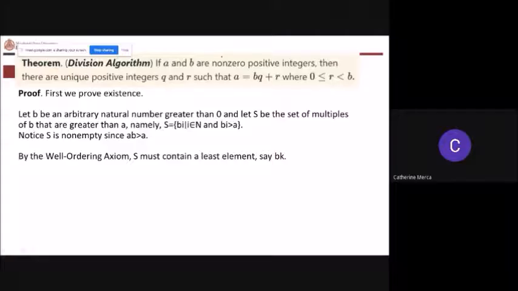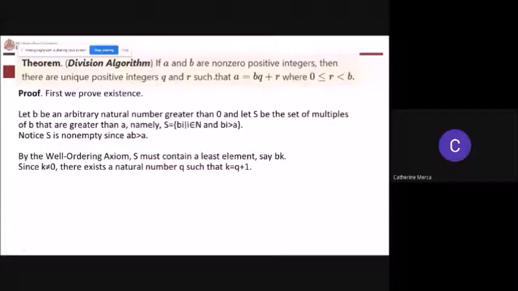So because of the well-ordering principle or axiom, S must contain at least an element, say, the smallest element, bk, b times k, and k should not be equal to 0, wherein k is equal to q plus the quantity 1.